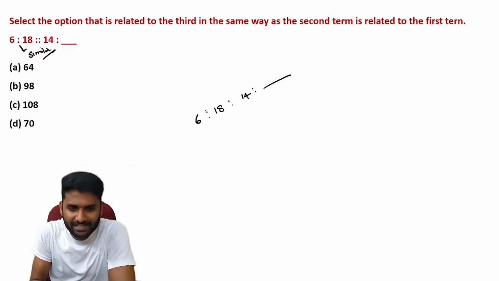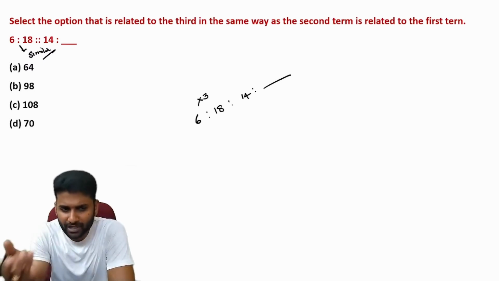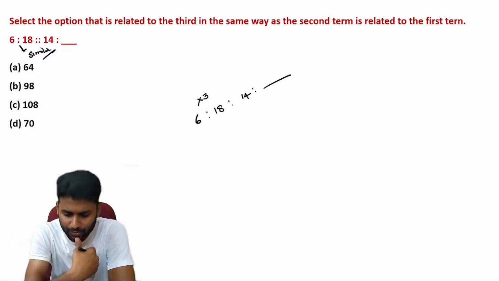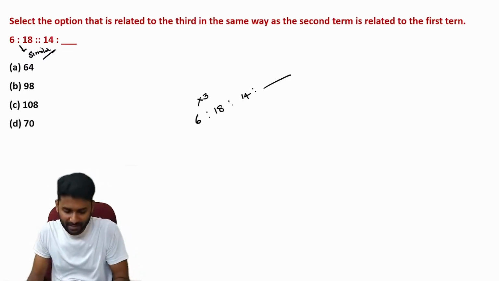And you already know that 6 becomes 18, which means 6 is multiplied with 3. But according to that information, can I go for 14 into 3, 42? But you can't see that option. So what is the logic here? What pattern do they follow for 6 to become 18?